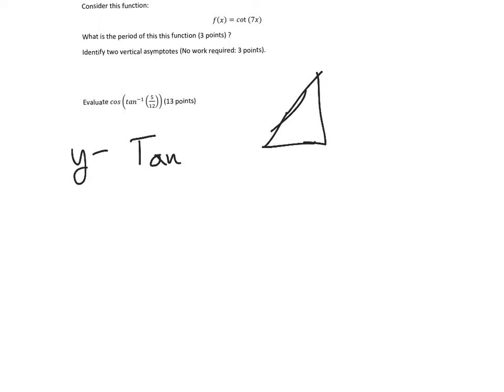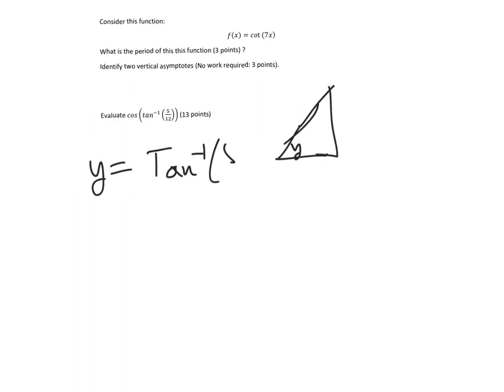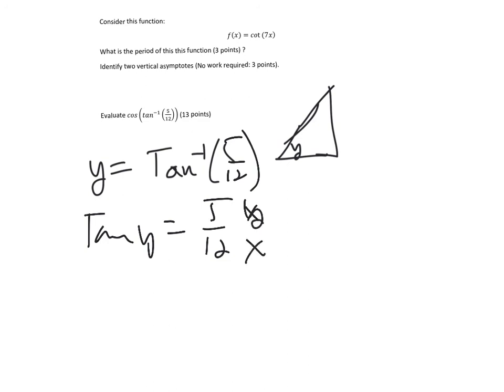If this angle y is equal to the arctan of 5 over 12, I can get rid of the arctan by taking the tangent of both sides. So the tan of angle y equals 5 over 12. And this is y over x, or opposite over adjacent. So this is 5, this is 12.